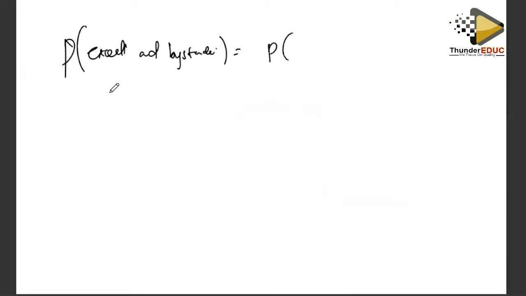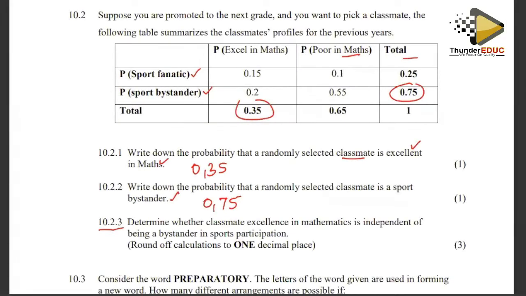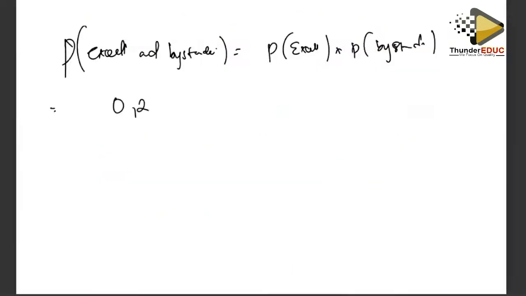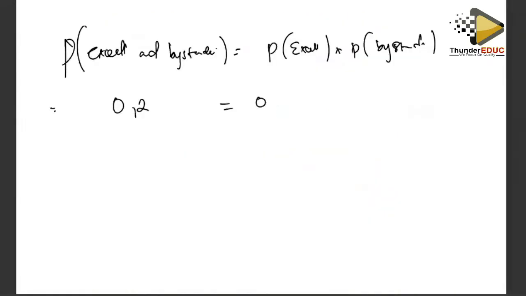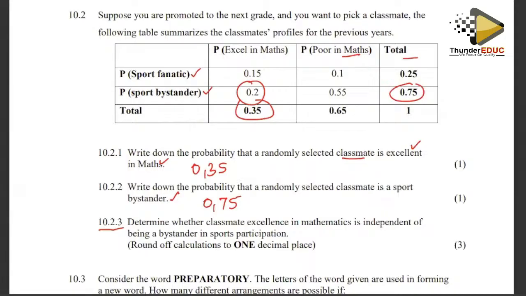It should be the same as the probability of excelling times the probability of bystanding. The probability of excelling and being a bystander is 0,2. The probability of excelling is 0,35. The probability of being a bystander is 0,75.